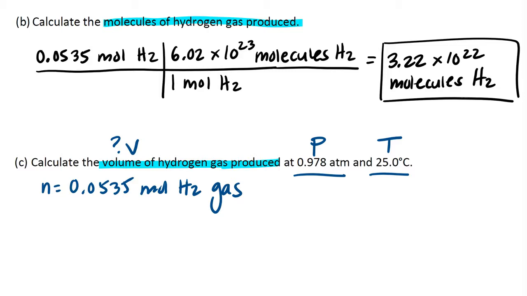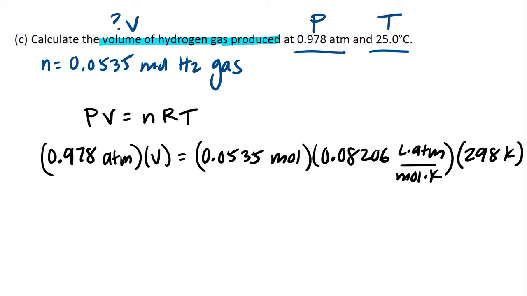What equation comes to mind? That's right, your ideal gas law, PV = nRT. And so I plug and chug everything into this PV = nRT equation, and I solve for the volume.